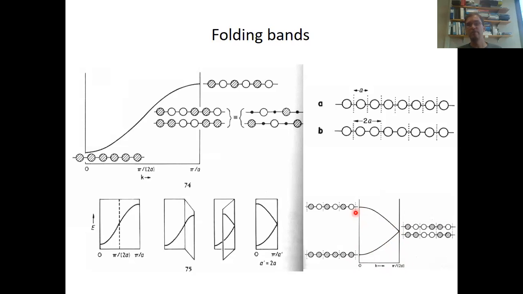Or we can also say that we can define at k equal to 0 the most anti-bonding case here. And then as we start flipping the algebraic signs of the basis set over the wave function, we can go continuously to a less anti-bonding situation until we have finally arrived at a completely non-bonding crystal orbital. Okay? So this is the concept of folding bands by, in this case, doubling the unit cell parameter.